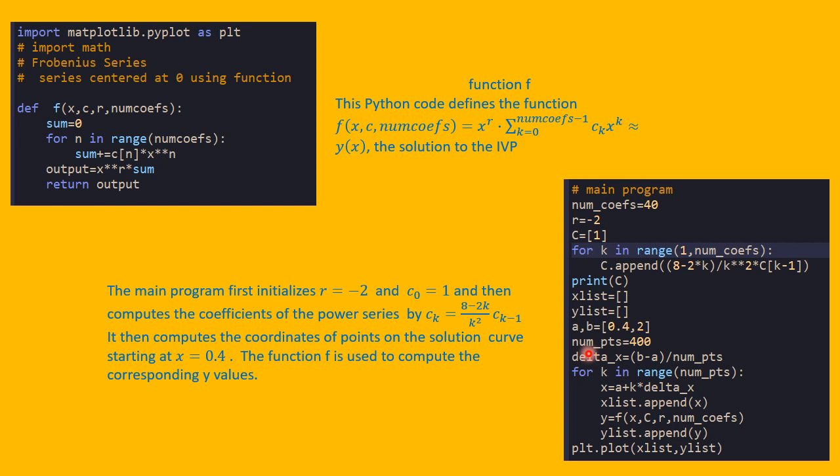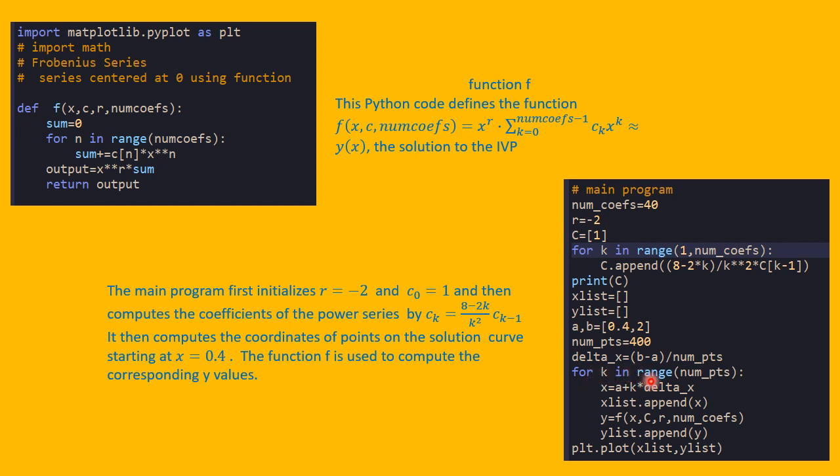I'm going to evaluate this function up here at 400 points, on an equally spaced number line with x sub 0, x sub 1, x sub 2, all the way through x sub, I guess, 399. And the delta x that we'll use to get equal length subintervals is going to be b minus a, where a and b were these numbers up here, divided by the number of points. So that will give us a pretty small delta x.